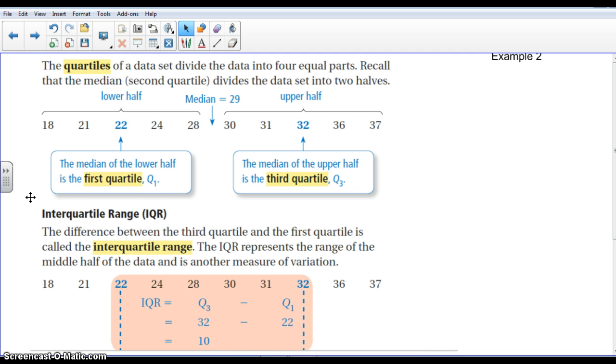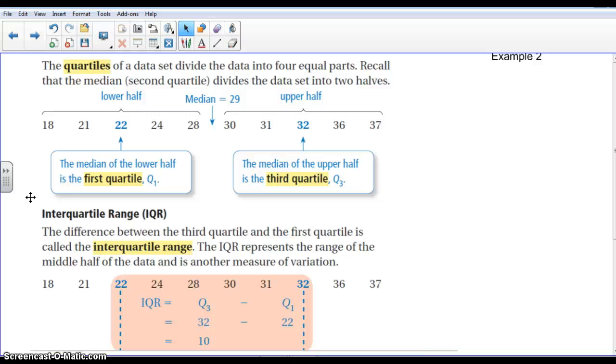The difference between the third quartile and the first quartile is called the interquartile range. The IQR represents the range of the middle half of the data and is another measure of variation. So here's what they've done.